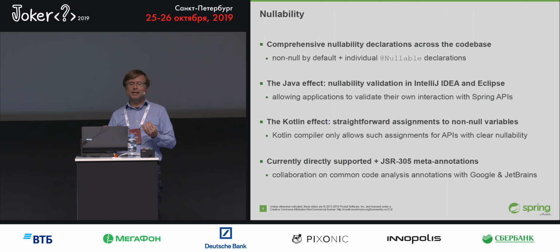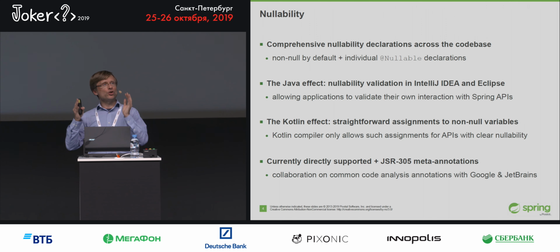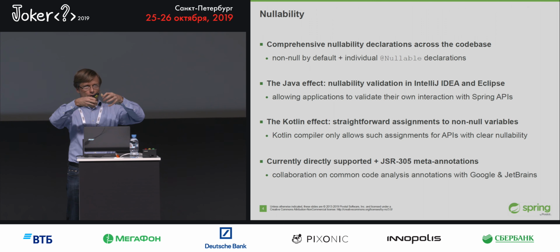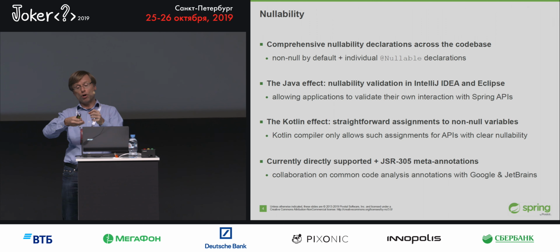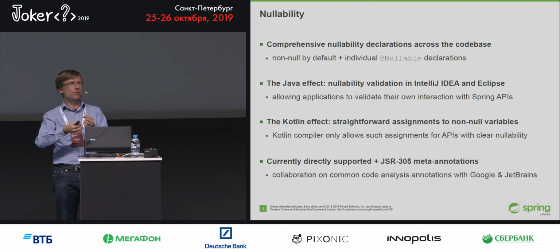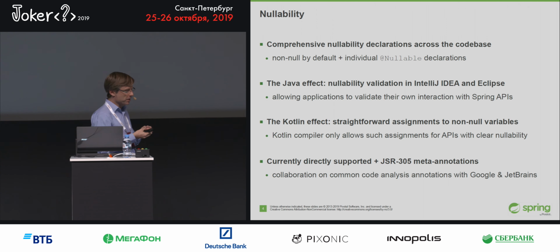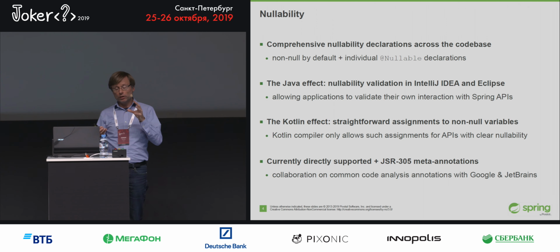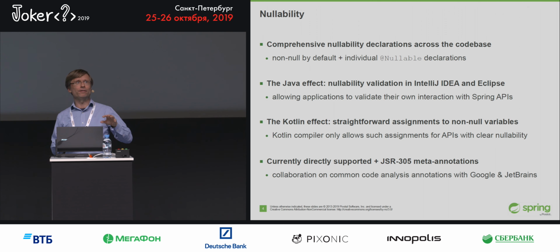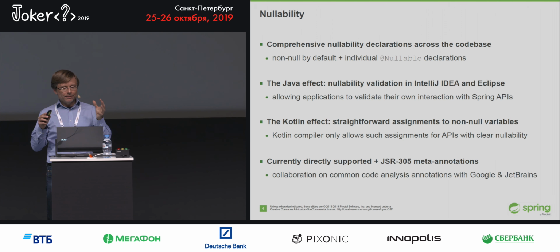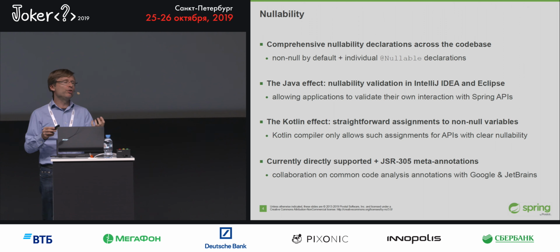One of them is that on a call to a Java API, like when your Kotlin code at the application level calls, say, BeanFactory getBean or some JdbcTemplate method, the Kotlin compiler would always defensively assume that the return value can be null.